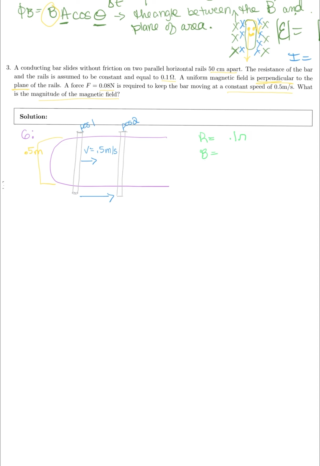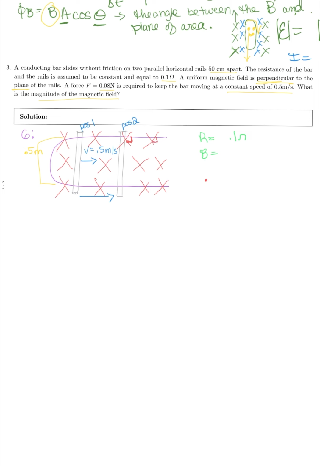So we have a uniform magnetic field, perpendicular. I'll draw these kind of big so we're not drawing X's all day. So B is perpendicular to the plane of the rails. That means it's forming a right angle with these rails.